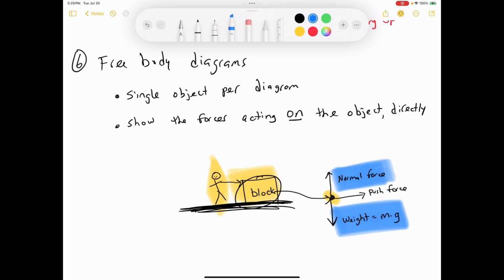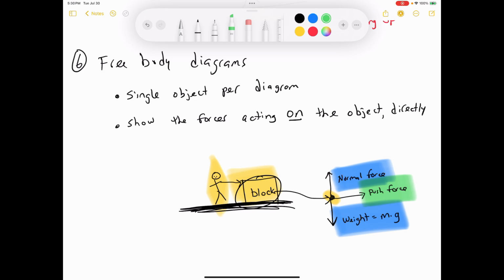And then for the other forces, you can see there's a person pushing this block. So there's some sort of pushing force happening, and because there's no other force in the opposite direction, the block is going to move and accelerate to the right.